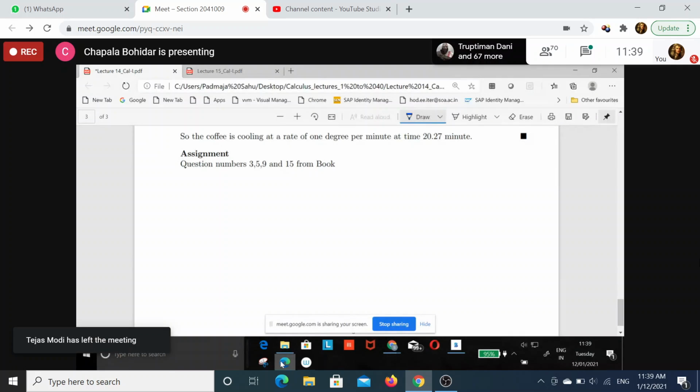Find an expression for the number of bacteria after t hours. Bit A is find an expression for the number of bacteria after t hours. Then bit B, find the number of bacteria after 3 hours.